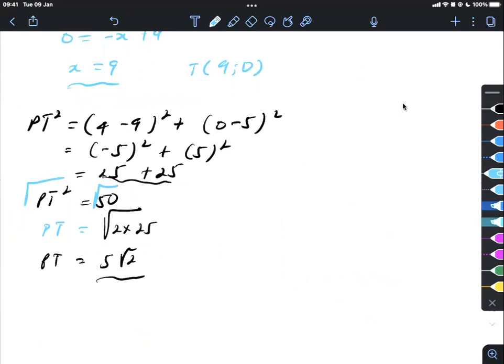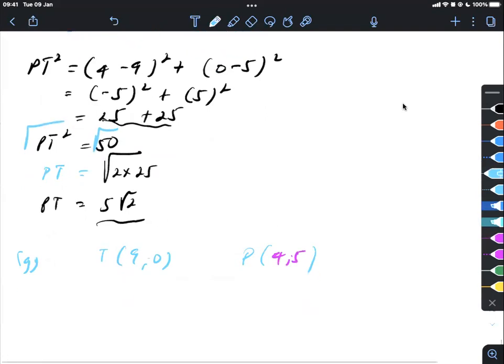So the radius should be from the center T, which is 9 and 0, and P will be the point on the circumference. P again, which is 4, 5, should be the point on the circumference. Now, since this is my center, T, I should be able to find the equation of that circle, given the center and the point on the circumference.